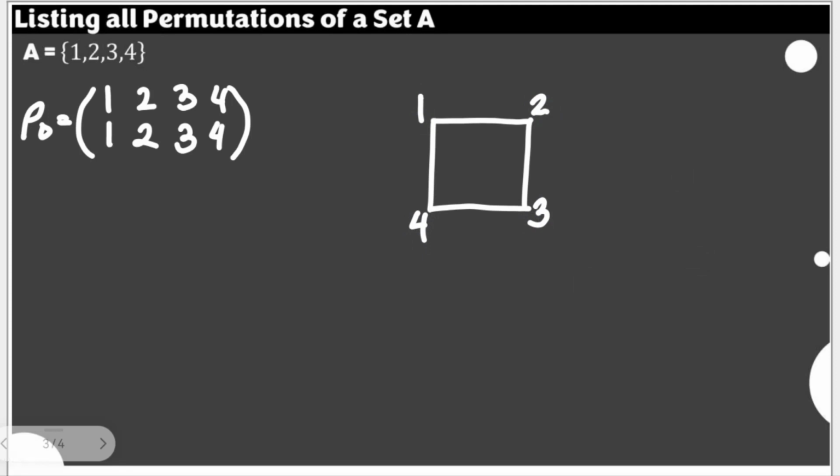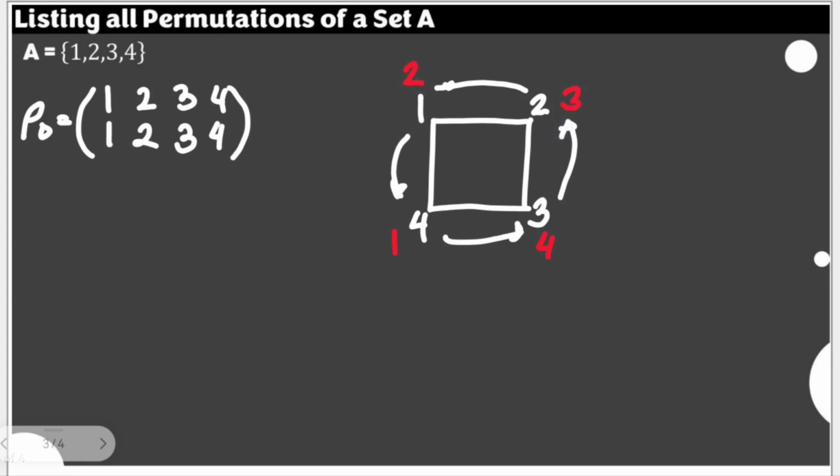The first 3 permutations actually result if we rotate the vertices of this specific square. Say, for example, I'm going to rotate it like that. That would mean the new location of 1 is here, the new location of 4 is here, the new location of 3 is here, and the new location of 2 is here.